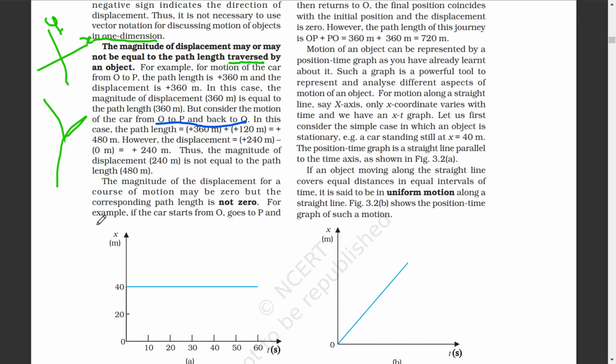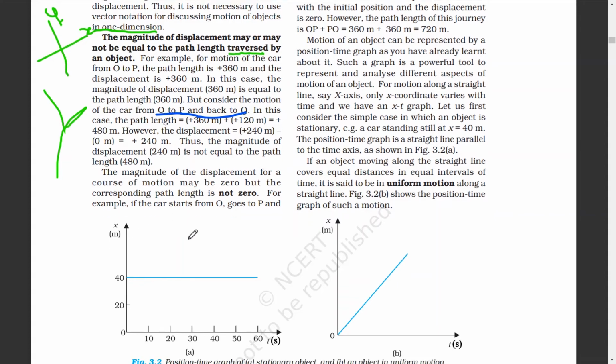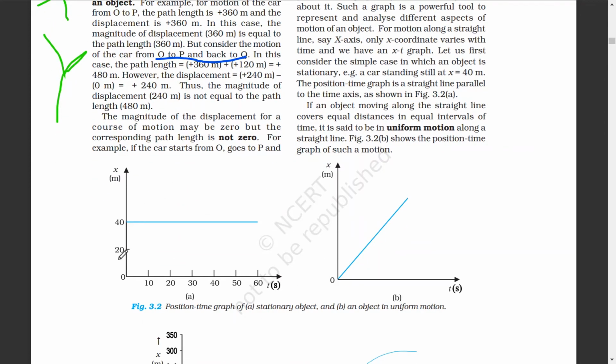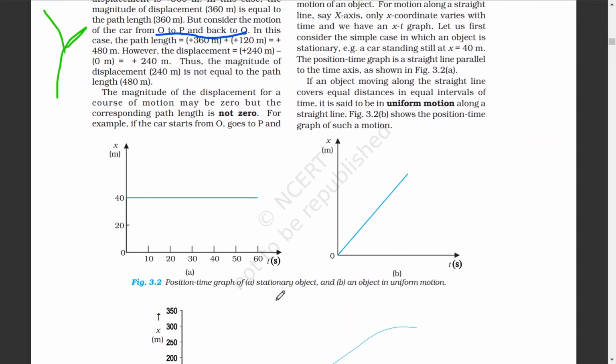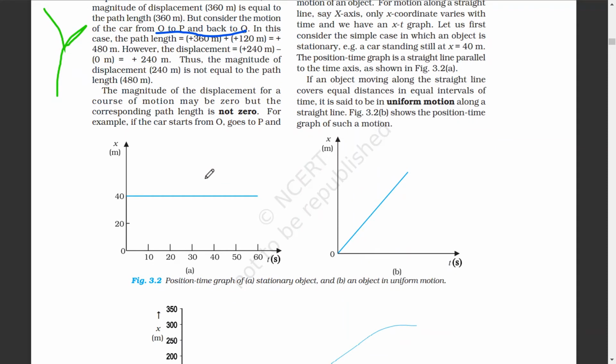The magnitude of displacement for a course of motion may be 0, but the corresponding path length is not 0. For example, a car starts from O and goes to P. So now what it is telling, displacement can be 0, but path length can never be 0. It can only be 0 when the car does not move at all. Like if you keep a body at rest, the distance is of course 0 because it is not moving.